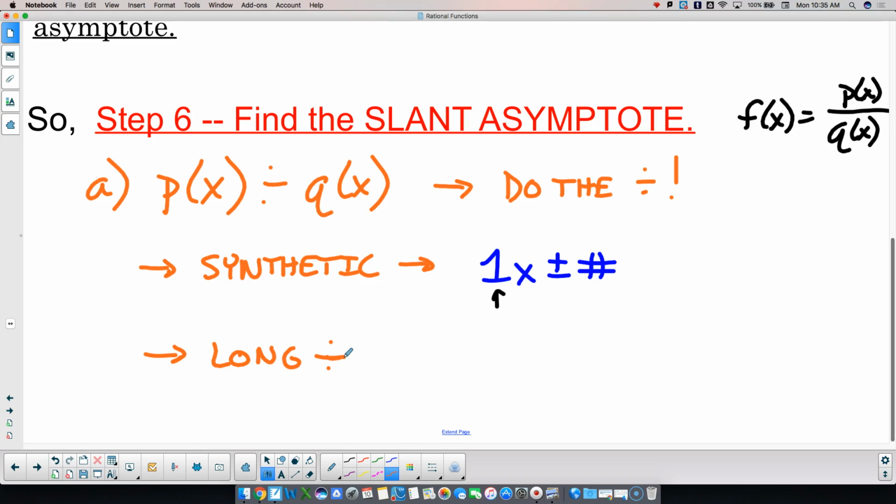Why will I always have a remainder? What happens if I don't get a remainder? What happens if the last number ends up being 0? What does that mean?